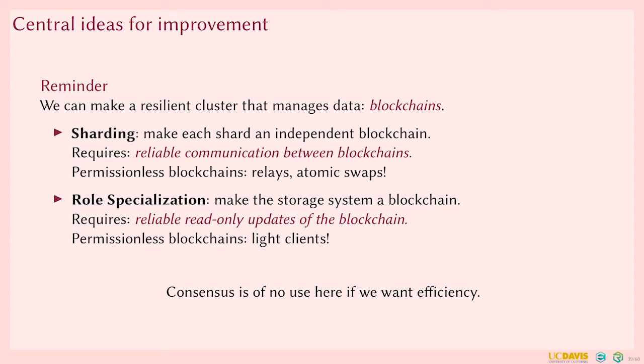So for communication between blockchains, permissionless blockchains have relays and atomic swaps, whereas for getting read-only updates of a blockchain, permissionless systems provide light clients and stuff like that. And if you really look close, then we see that consensus, the main tool that we have, is really not of any use to provide this.